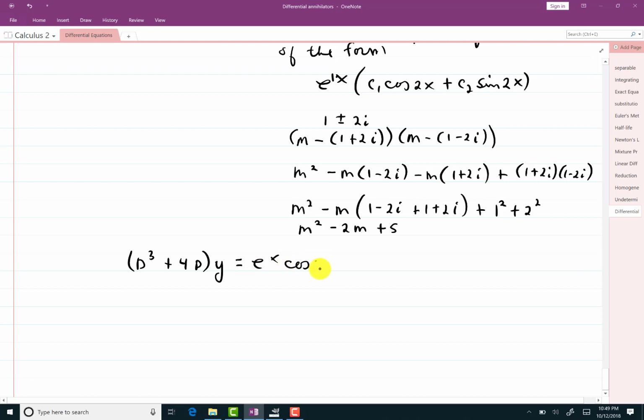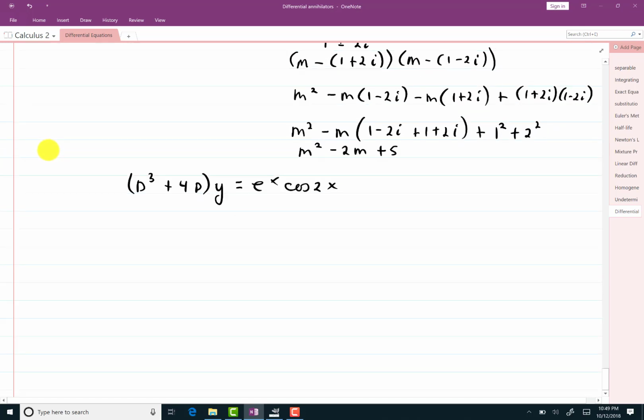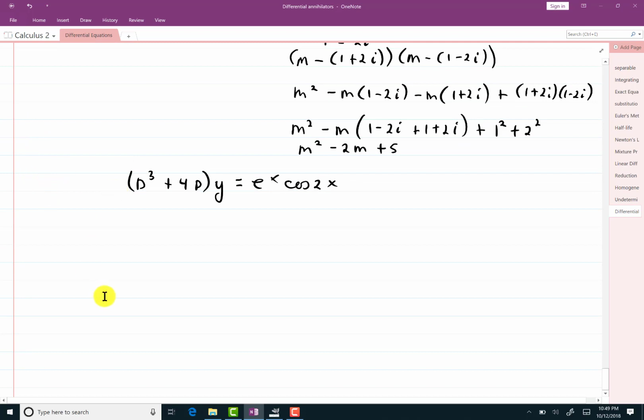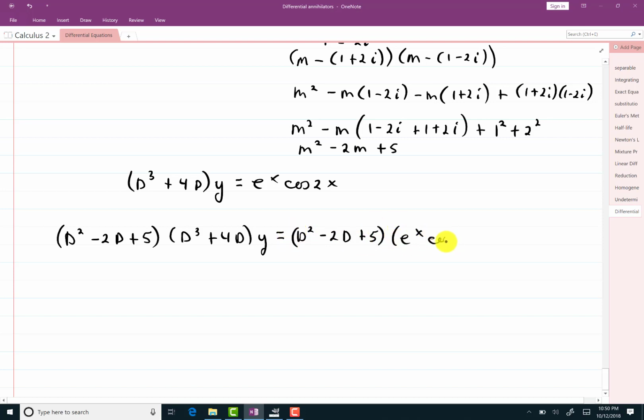Now to wipe that out, I am going to multiply both sides by D squared minus 2D plus 5. Of course, that makes the right-hand side equal to 0.